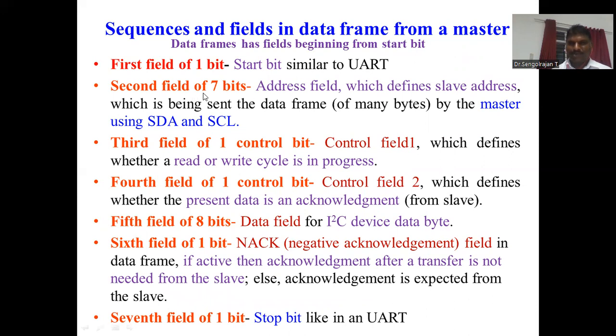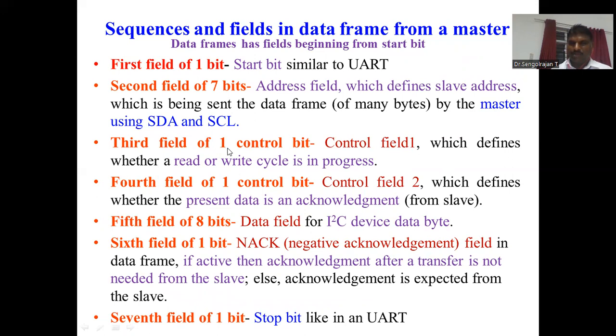And the second field of seven bits is meant for the address field, which defines the slave address indicating where the data has to be sent, using the master SDA, the serial data address line, as well as the serial synchronous clock signal.